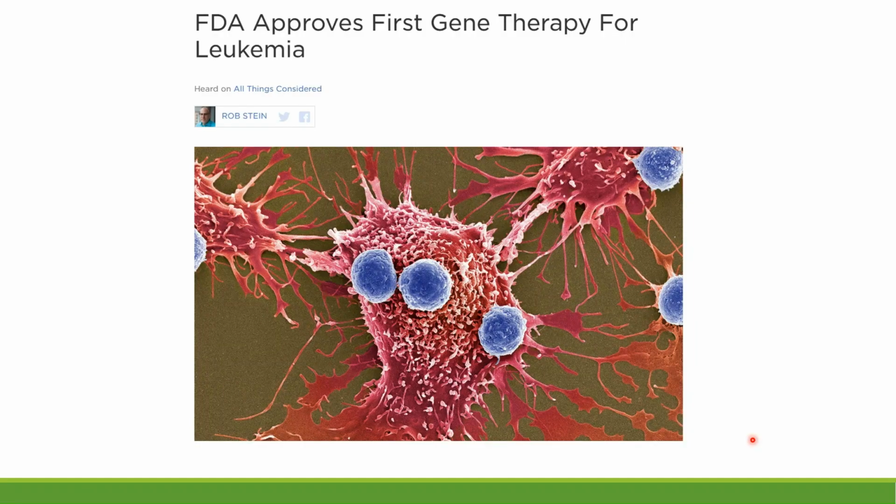And this is turning into quite an interesting field. In 2017 was the approval for the first gene therapy for leukemia, or cancer of leukocytes. These are chimeric antigen receptor T cells. They're called CAR T cells. You may have heard of them in the news. Chimera means they're genetically engineered to have different parts from two different types of cells.